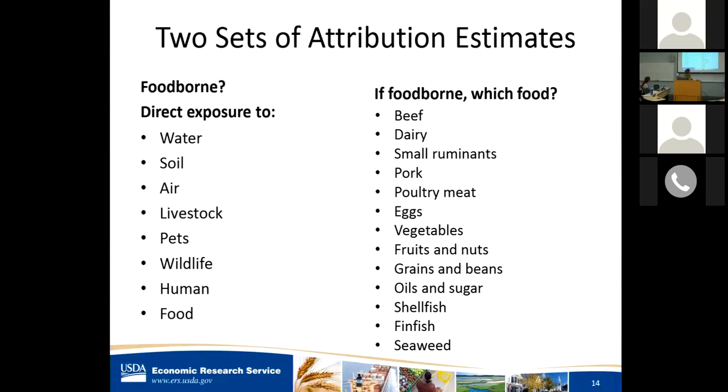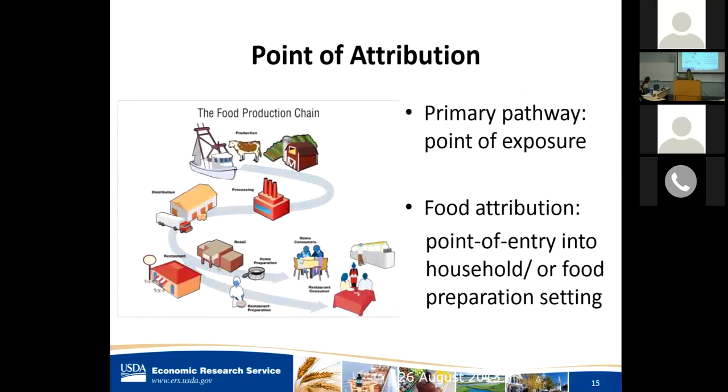The set of food categories that we use here are emerging as a categorization that's being used in various national studies, and using those again in the global burden study allows for comparison between those national studies and the global burden work. One of the issues in doing attribution work is you have to say attribution to what?